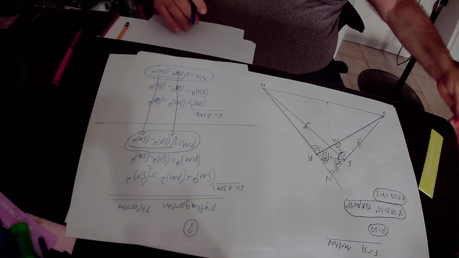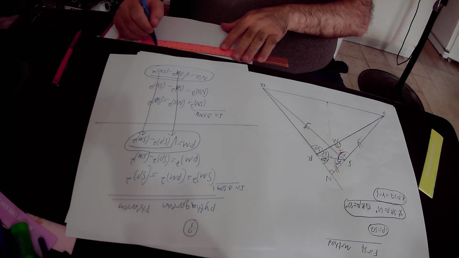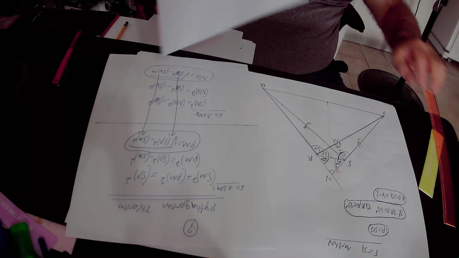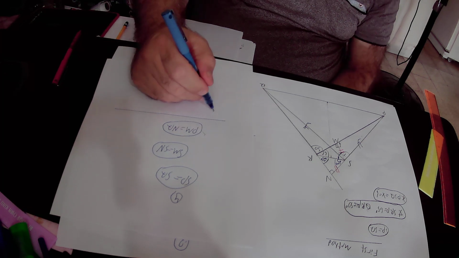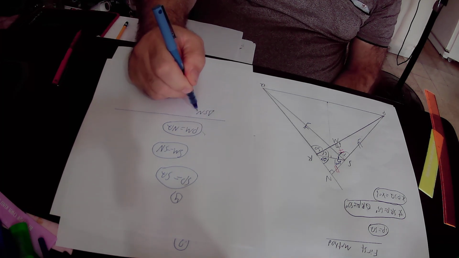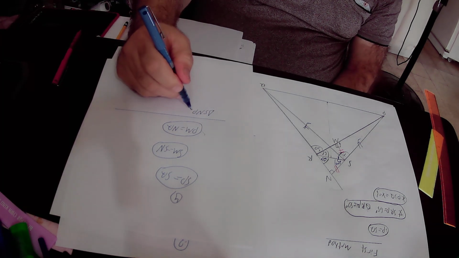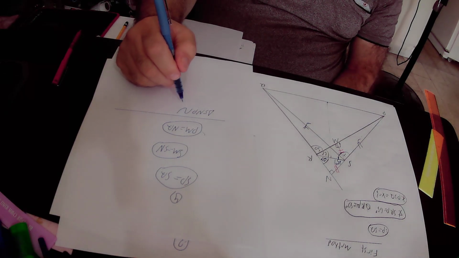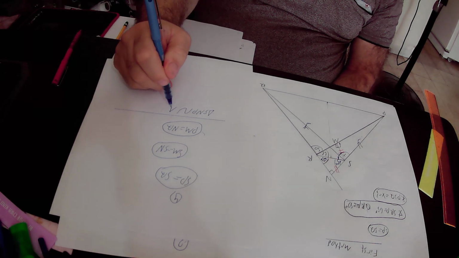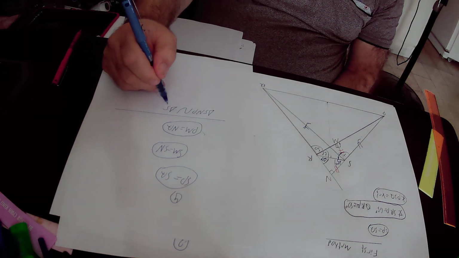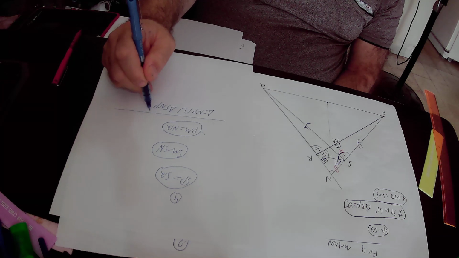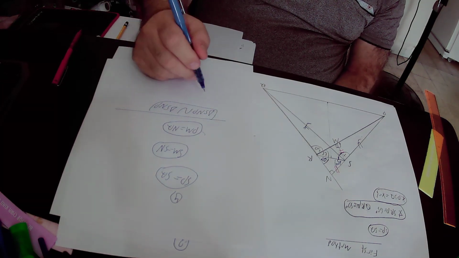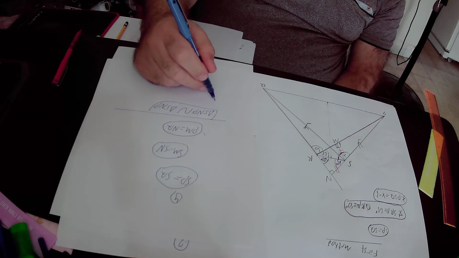Therefore, we proved that the right triangle SMP is congruent to the right triangle SNQ. This is the sign of congruent. According to side rule.